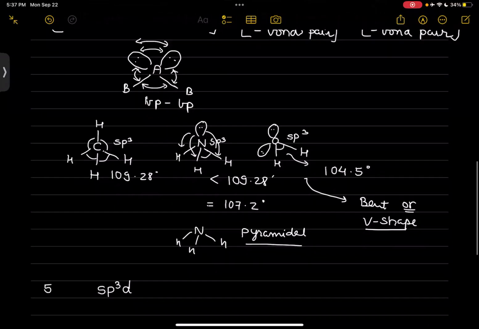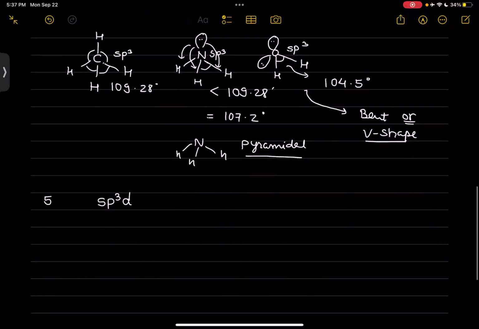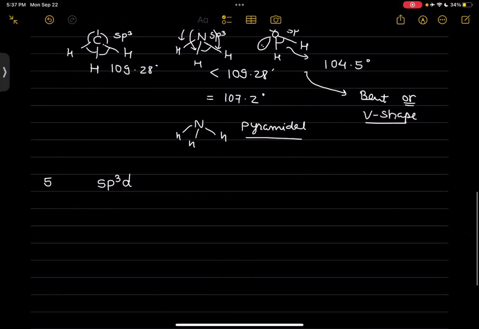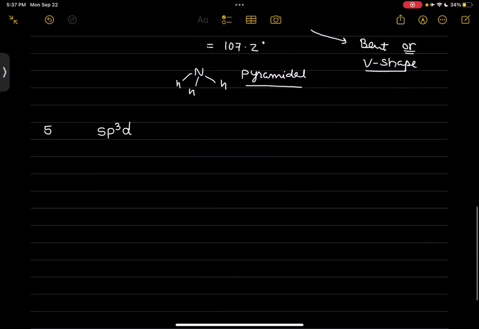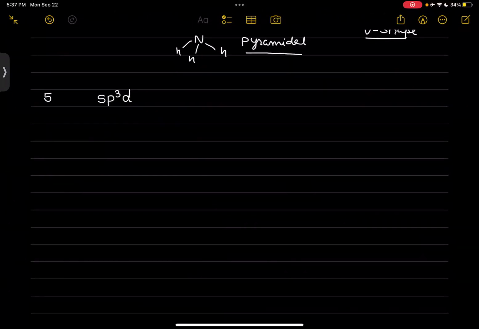So how will it look if you have 5 groups? If you have 4, it will be tetrahedral. If you have 5, how will it look?